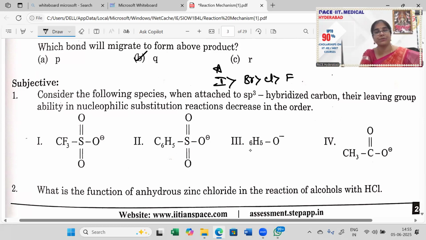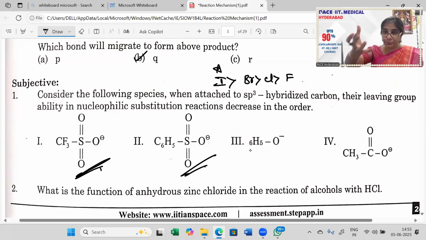And here also, as you can see, sulfonyl groups, S double bond O and all these groups. Here you have S with 3 oxygens, definitely very bulky and very electronegative groups. Electronegative groups can withdraw the electron easily and come out. I can see the CF3 here.